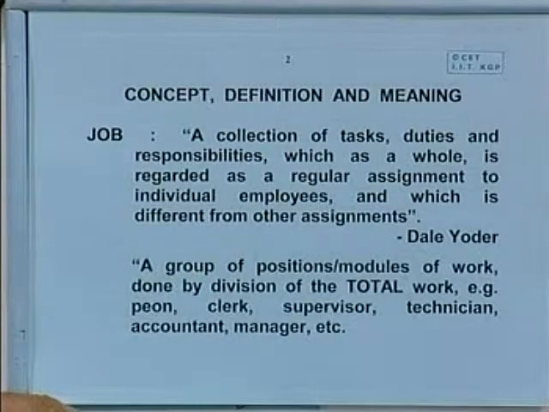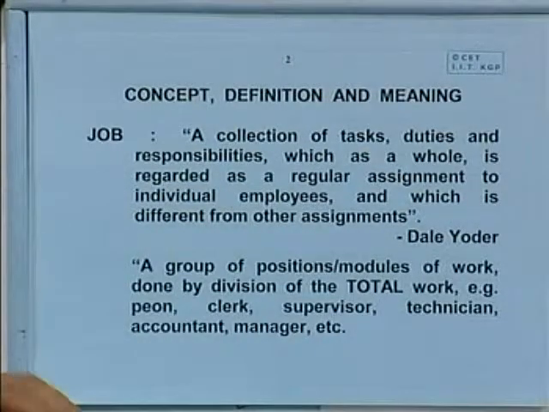Okay? A group of positions or modules of work done by division of the total work. Example, you are dividing the whole work of the office, let us say, into peon, clerical, supervisory, technician, accountant, manager, etc. So division of work.